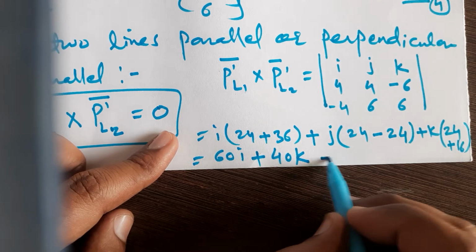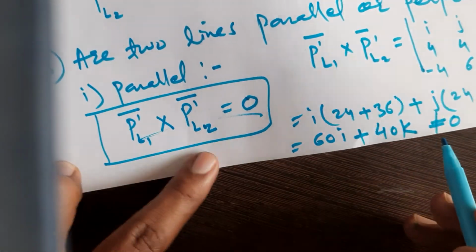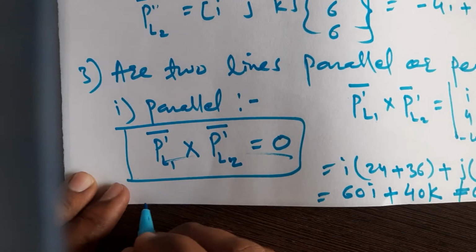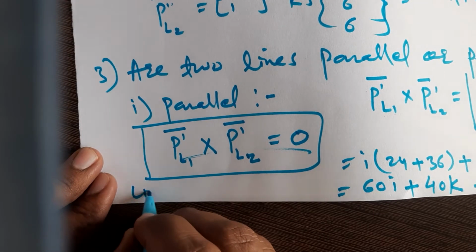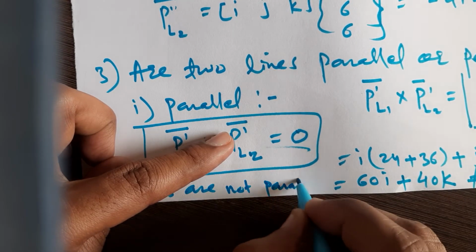Now, as it is not equal to 0, and our condition is that it should be 0, the lines are not parallel. So you can write here: lines are not parallel.